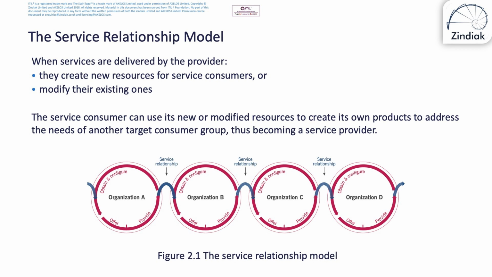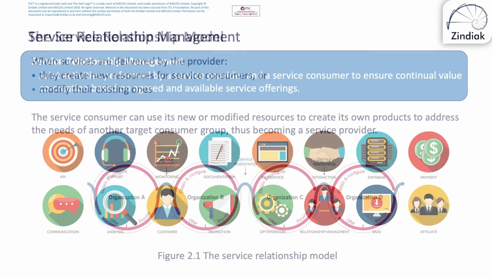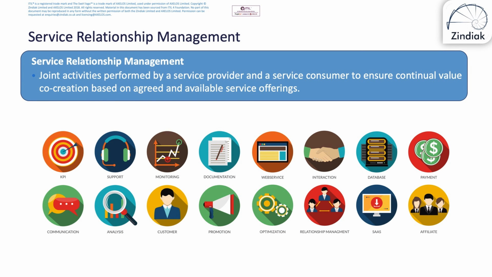The service relationship model is shown in Figure 2.1. Service relationship management is the joint activities performed by a service provider and a service consumer to ensure continual value co-creation based on agreed and available service offerings.